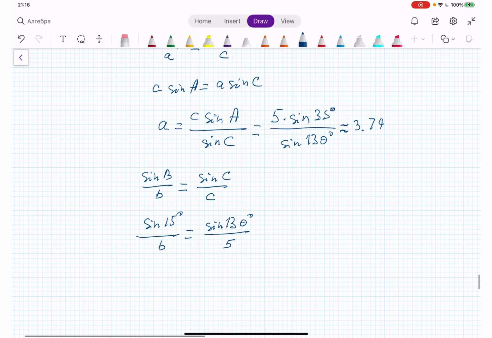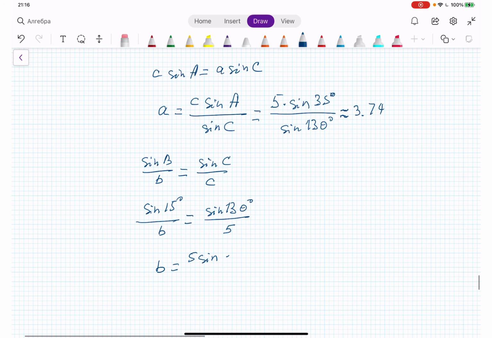And B is equal to 5 times sine 15 divided by sine 130 degrees. And approximately it's going to be equal to 1.69.